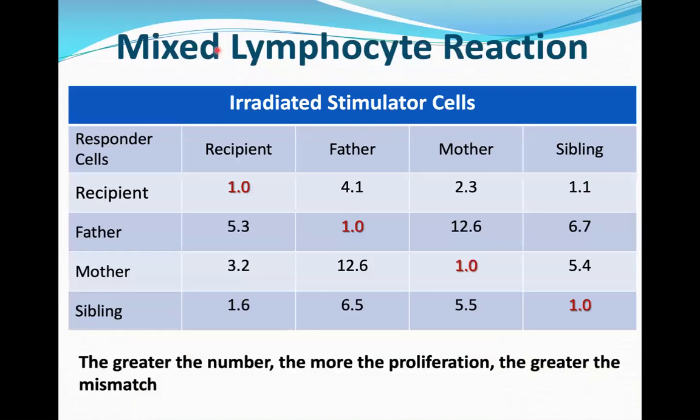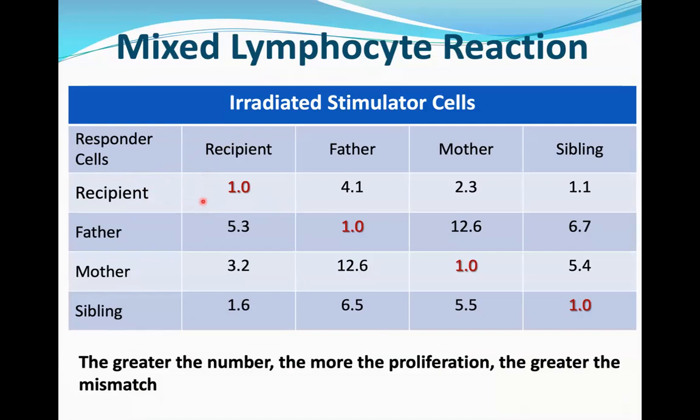And in this example, let's say we have a recipient who needs a kidney transplant. And there are 3 potential donors, father, mother, and a sibling. So we mix the cells from the recipient, and so this is the control here. So this is essentially just an autologous reaction where the target cells, the recipient, are mixed with active cells from the same recipient, and there's no reaction.